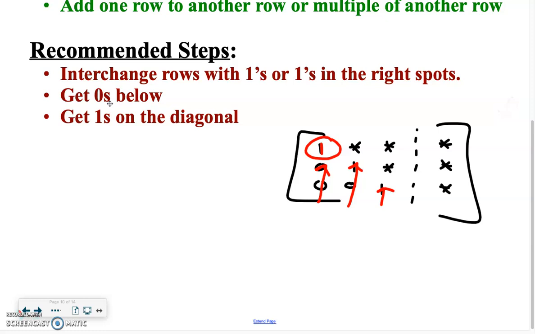Okay? The reason for that, technically, it's not mandatory that you do it this way, but I've worked with enough students doing these before that the biggest frustration is when you work and you figure out, okay, I got a 1 here and I got a 0 here. Perfect. I had to work really hard to get there. And then you do the next operation, and what was a 0 and what was a 1 becomes something else.